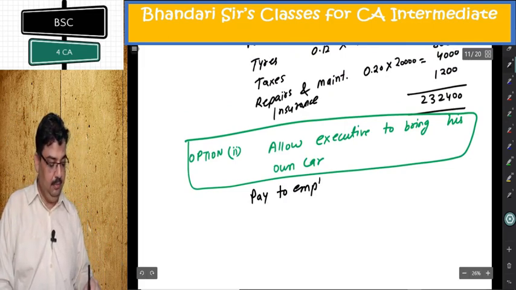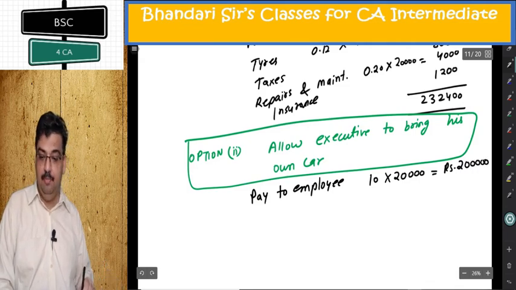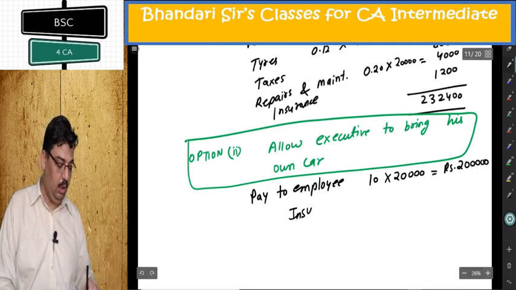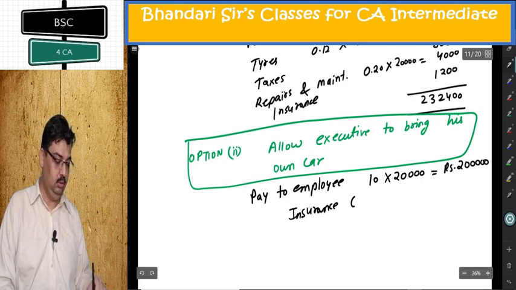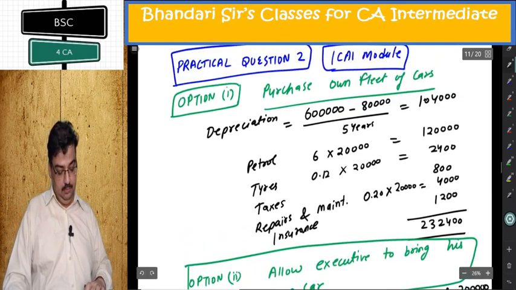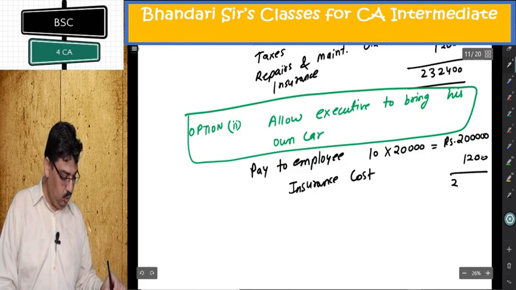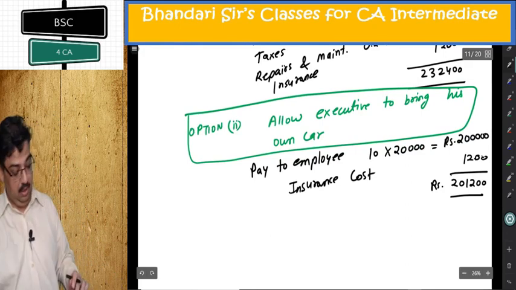Pay to employee, 10 into 20,000, 2 lakh. And bear the insurance cost only, no other cost. Insurance cost is the same as we computed earlier, 1,200. So it comes to 2,01,200. Cheaper than option 1.